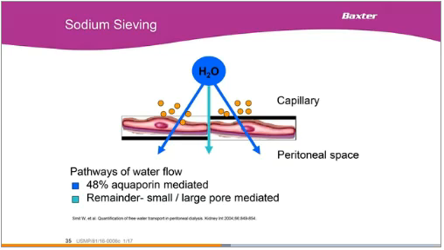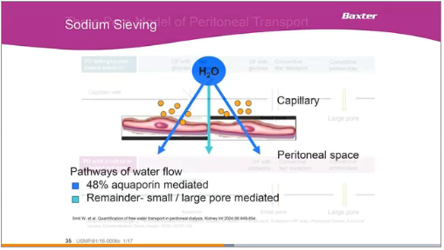And that's part of the reason you don't see patients on a cycler with 10 exchanges. There would be water movement without the sodium. Water without sodium. Patients early in the literature became thirsty, hypernatremic. So we learned that we have to have sufficient dwell times to allow that sieved sodium time to diffuse through the small pores.